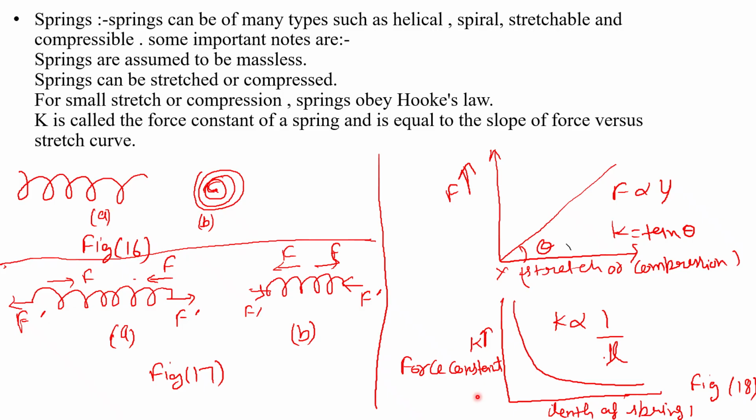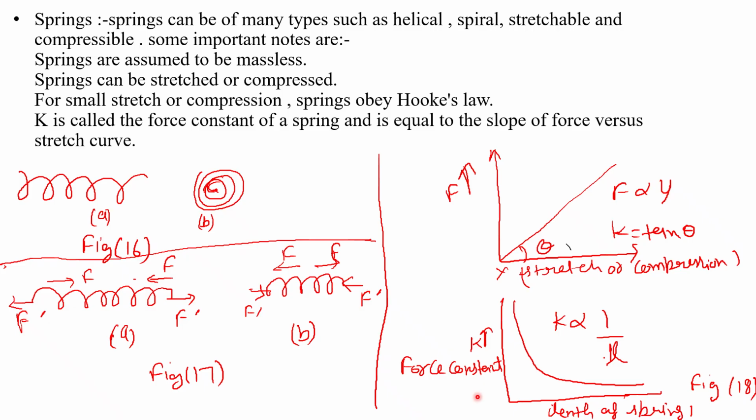It has dimensions MLT minus 2 and unit Newton per meter. Greater the force constant of a spring, lesser will be the stretch for a given force, and the spring is said to be more stiff.